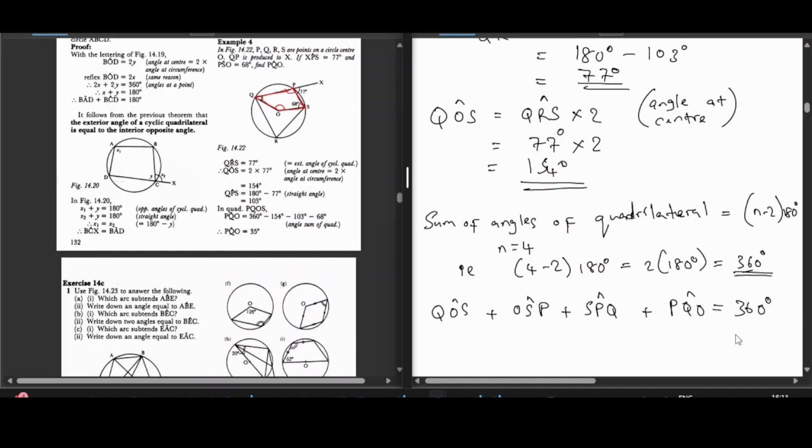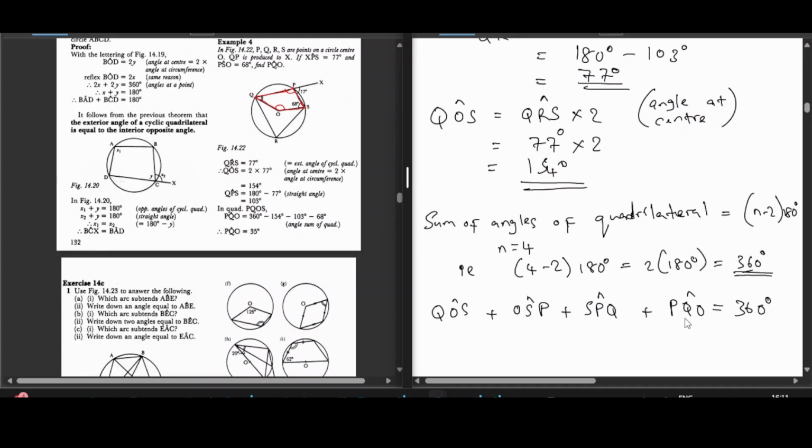If you know how to denote these angles, it helps you. That's why I'm doing it. Otherwise we could have just said angle at Q, but I'm doing this because this is the language of circle geometry.